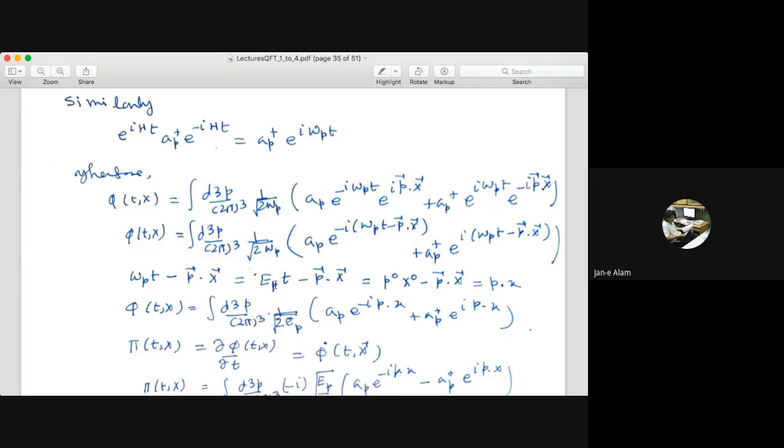Because after quantizing, we have seen that the Hamiltonian of the oscillator system comes as the number operator a dagger a, right? Number operator a dagger a into omega p.